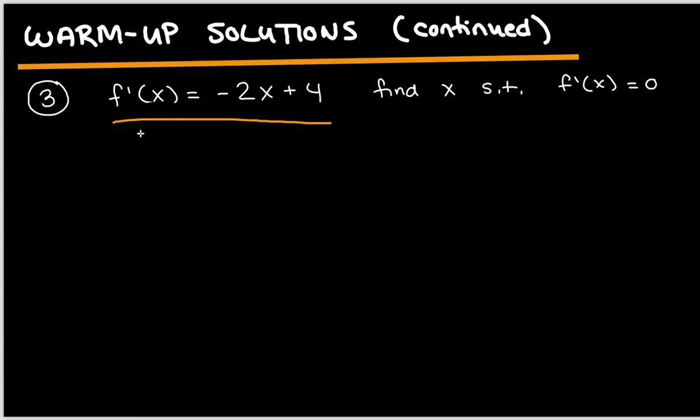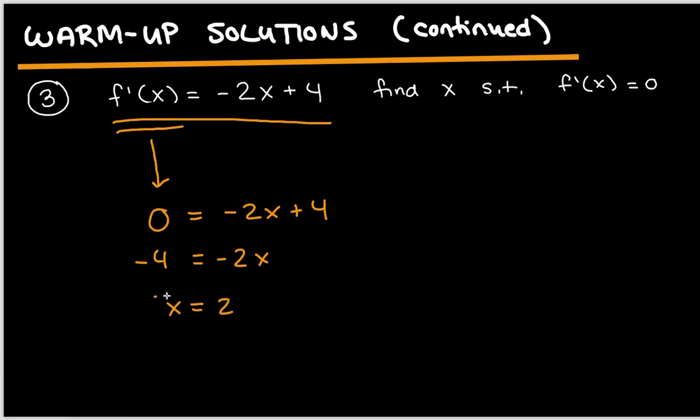Well, we set f prime of x equal to 0, and we just solve for x. So, when x equals 2, f prime of x equals 0.